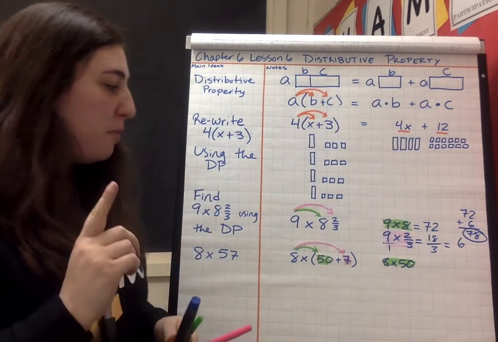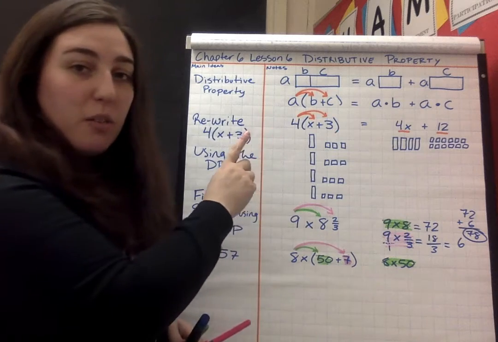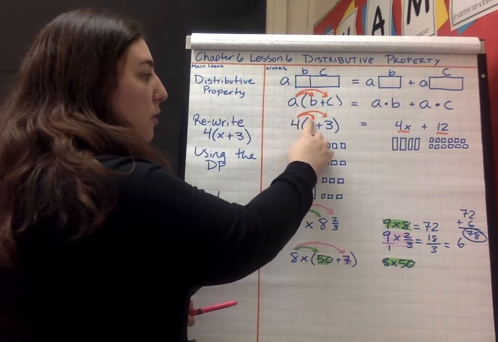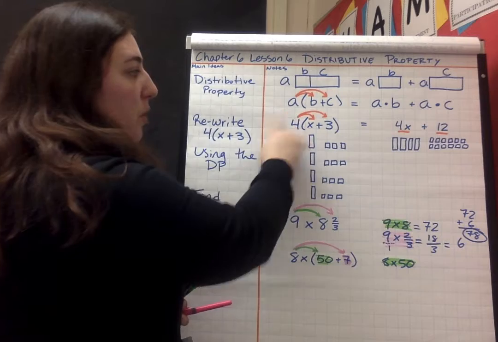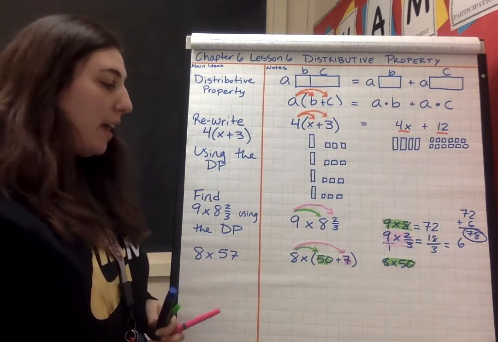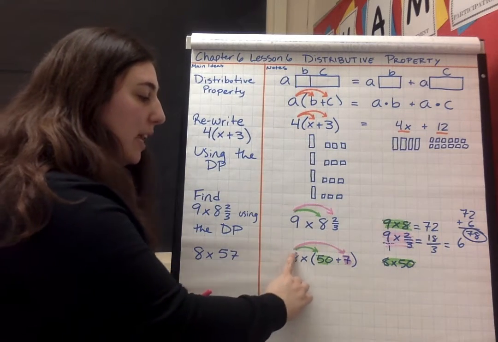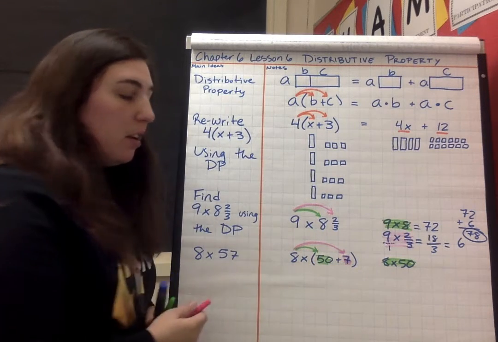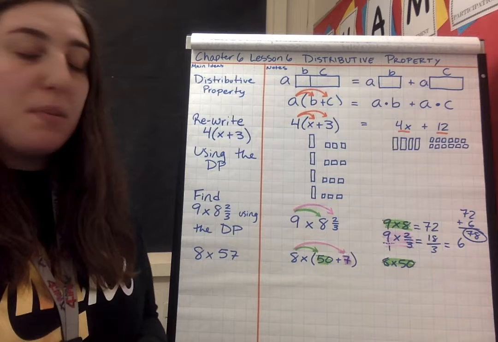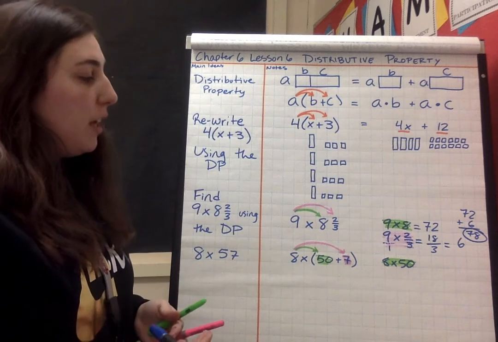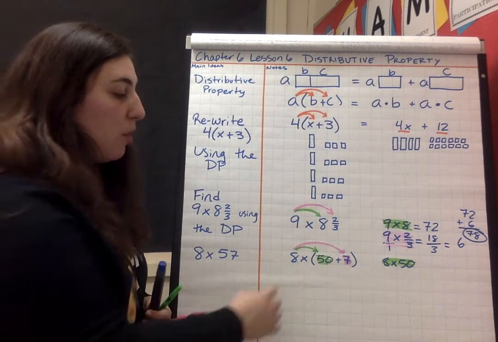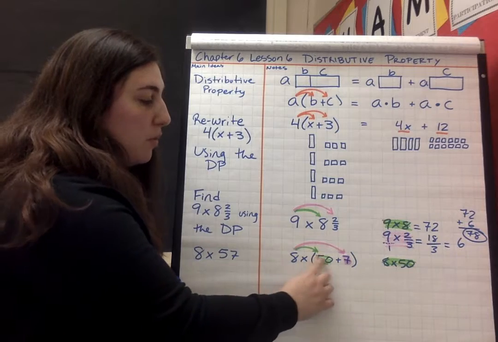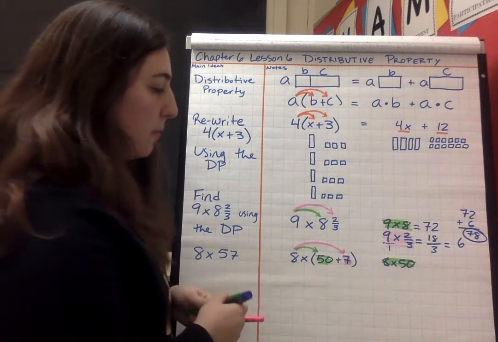And the word that I was trying to remember earlier when I was describing distributing this number or variable on the outside is pass out. So we are going to pass out this 8 to the 50, and we're going to pass out this 8 to the 7. Okay, just like when we're handing out papers, we're distributing it. We're multiplying. By distributing it, we're multiplying them. Okay, so 8 times 50 and 8 times 7.